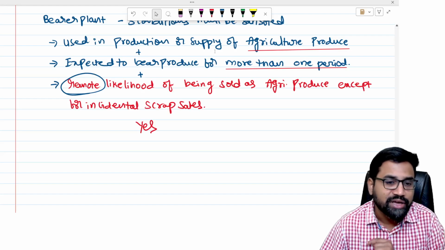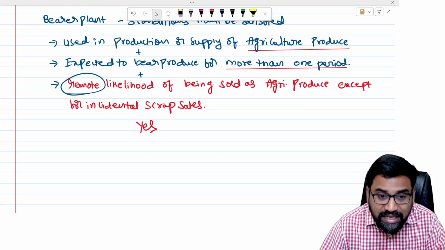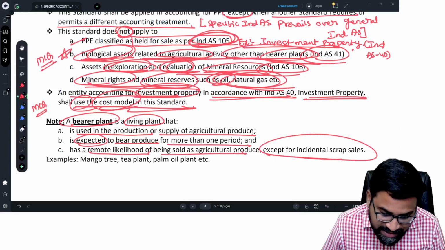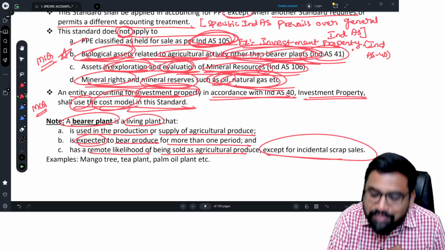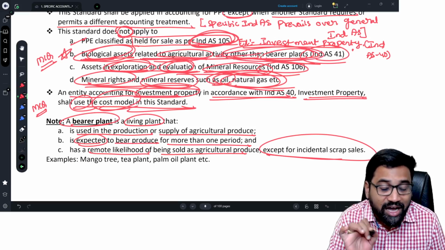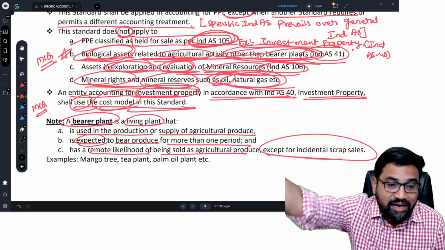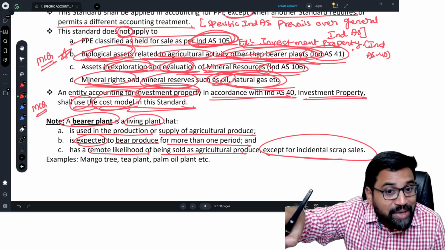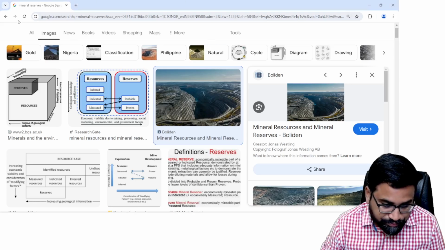Even though it is related to agriculture activity, and there is a separate standard for agriculture activity, in the scope we have clearly discussed that biological assets relating to agriculture activity other than bearer plants are not covered under this standard. That means other than bearer plants are not covered, so definitely bearer plants are covered.